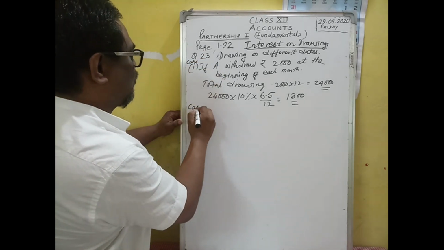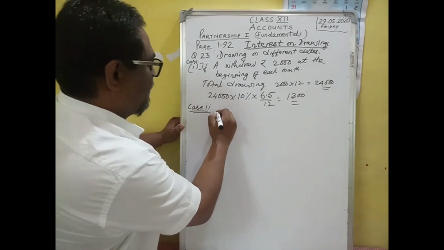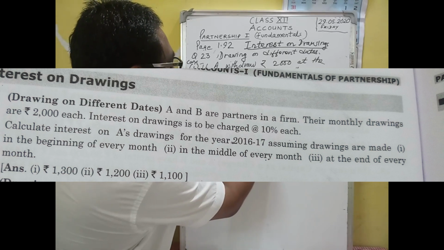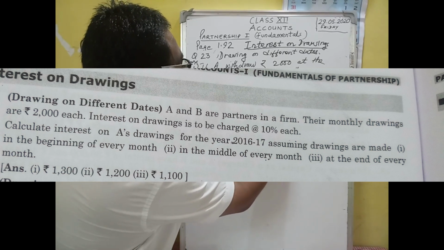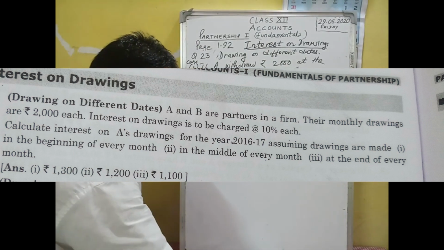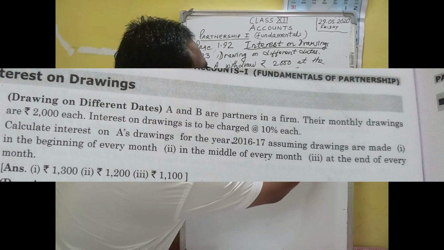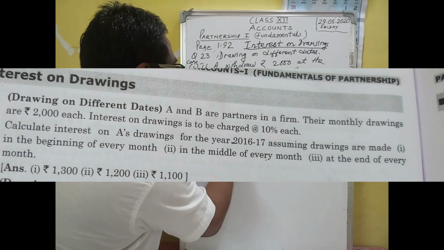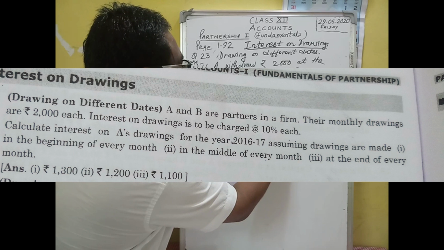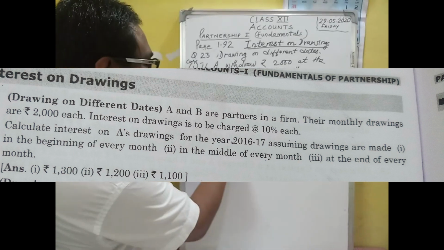In case 2, if A withdraws rupees 2,000 in the middle of every month, the total withdrawal will be 24,000.